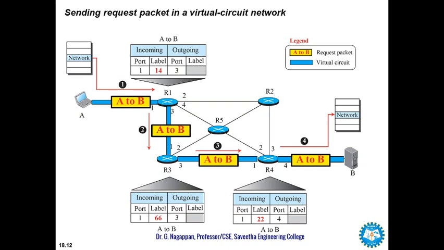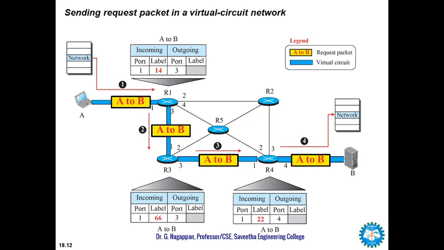The router creates an entry in its table for this virtual circuit, but it is only able to fill 3 of the 4 columns: it is coming in through port 1 with label 14, and going out through port 3, and it is not providing any outgoing label as of now.